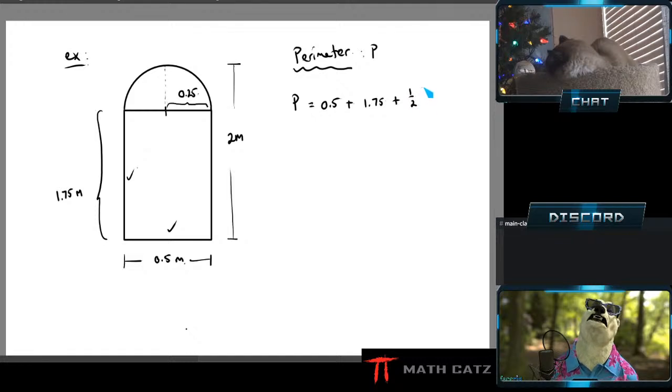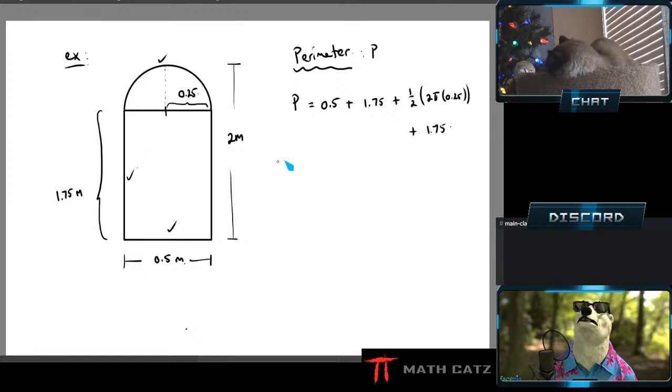So a half times the circumference of a circle with radius 0.25. It's 2 pi r, 2 pi times 0.25. And then I ran out of space, but added here the other side of the rectangle, which would be 1.75 again. Just trying to see how I can make this a little bit more interesting.